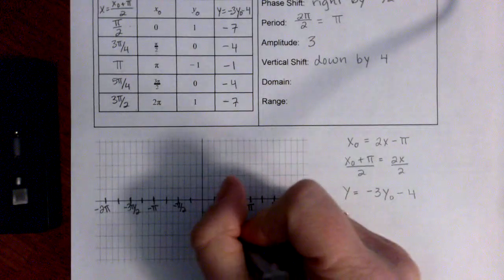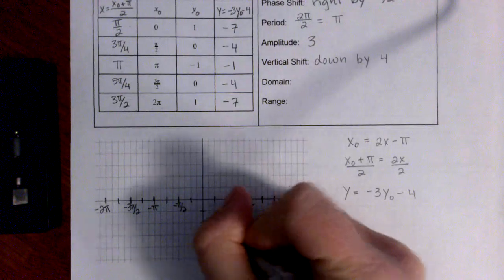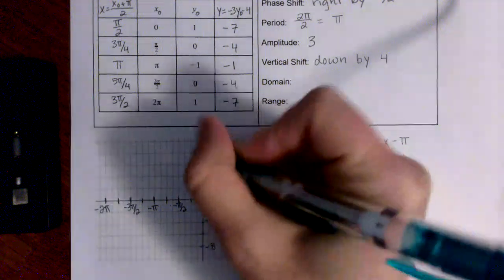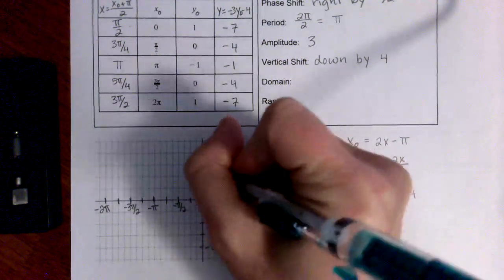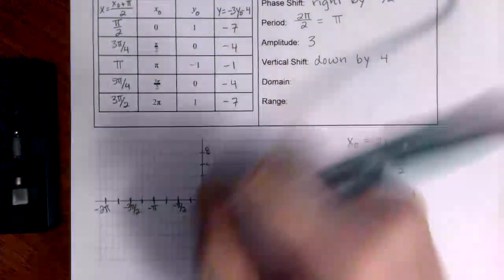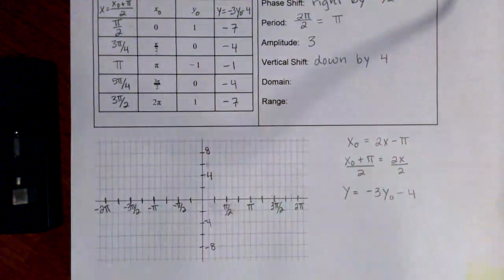So here I'm going to go 2, -4, -8. You don't have to label every tick mark. You just have to be consistent with your scale.